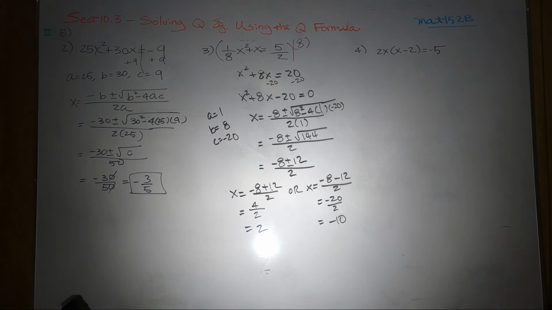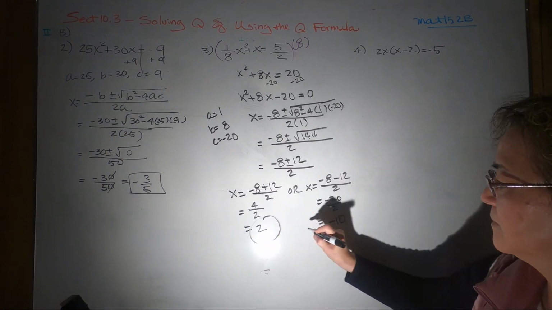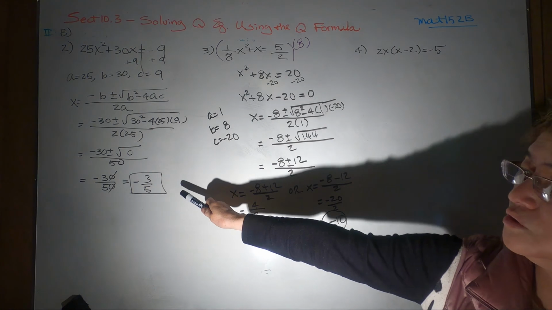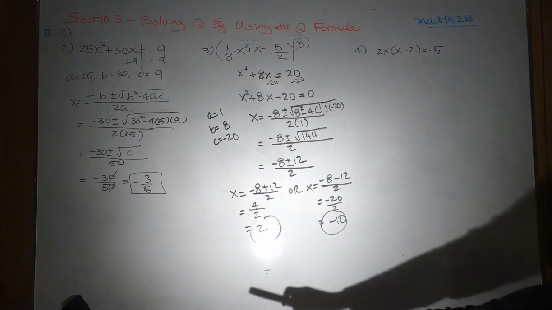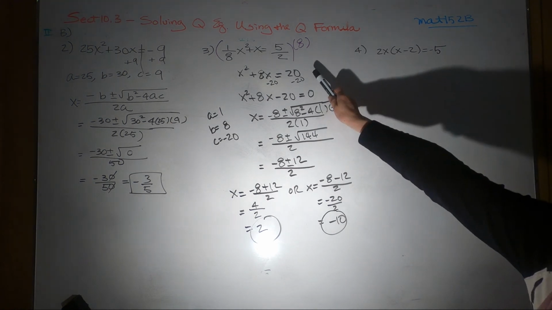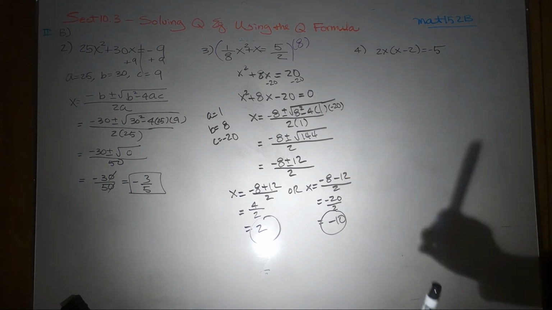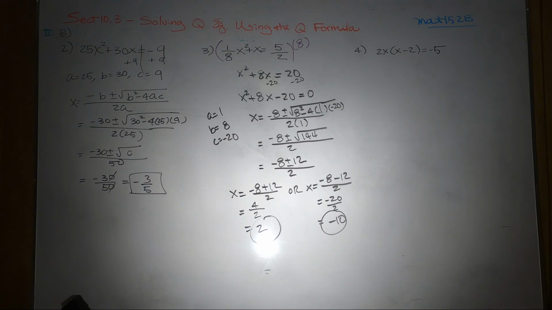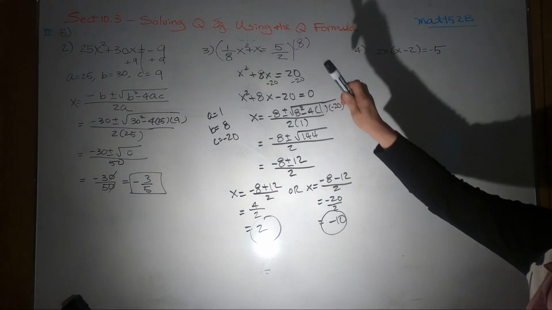So how many answers do we have? 2 of them. In the earlier one we only had 1 answer. This one we have how many answers? 2 answers, right? This also shows you how to handle fractions when your coefficients are fractions. You can eliminate them by multiplying by the LCD.